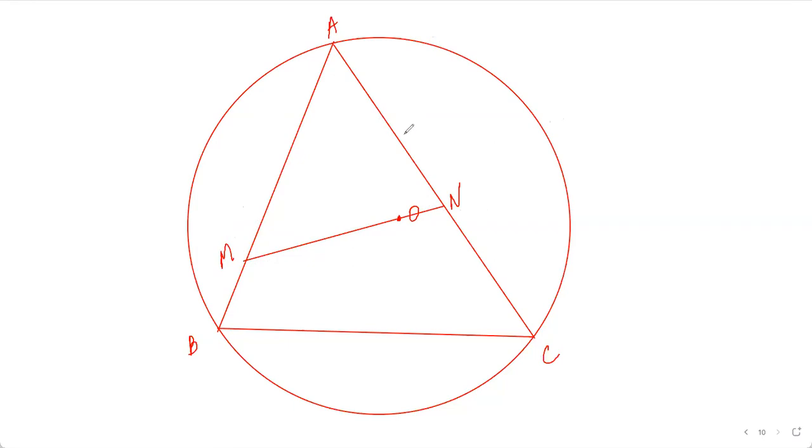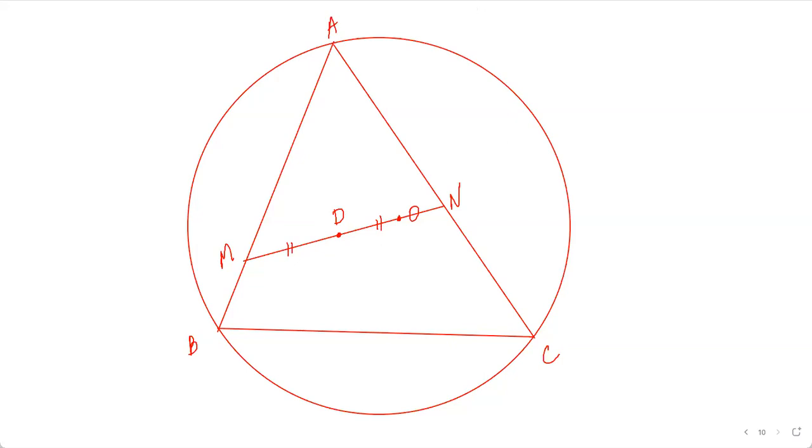And now let's take the midpoint of this line MN. So D is the midpoint.